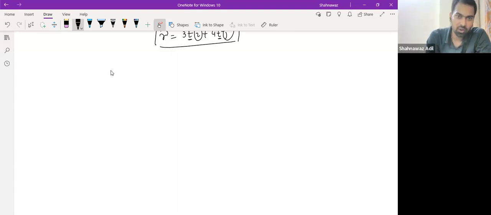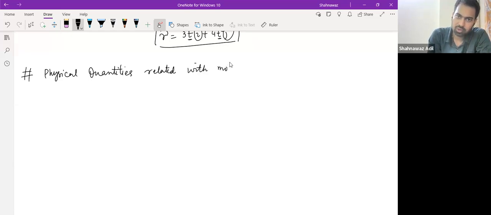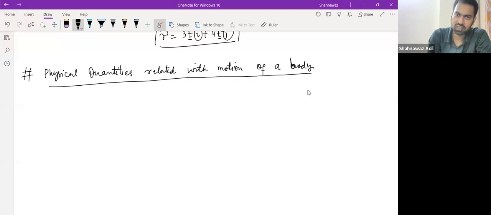Okay, so the next topic is physical quantities related with the motion of a body. What are the physical quantities that are associated with the moving body? One is the distance.